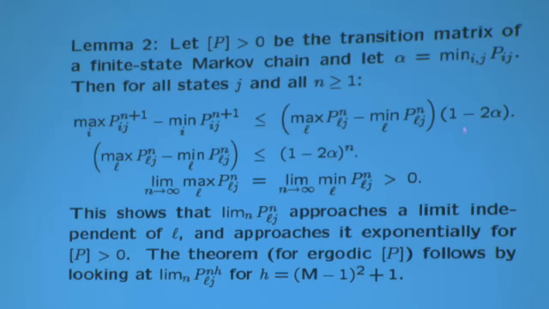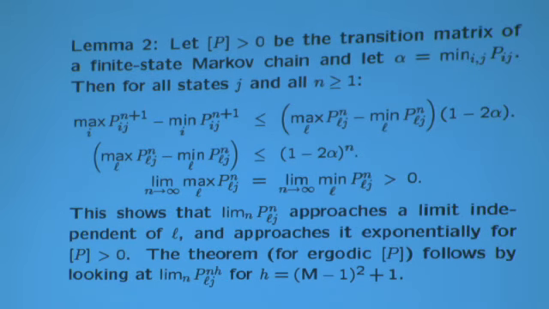1 minus 2 alpha. Now 1 minus 2 alpha is a positive number, and this says that this maximum minus minimum is (1 minus 2 alpha) to the n, which says that the limit of the maximizing term is equal to the limit of the minimizing term. And what does that say?